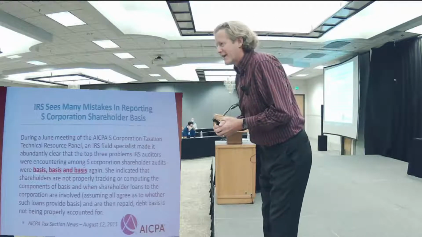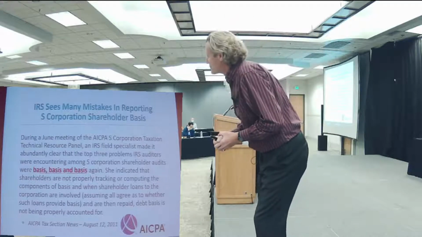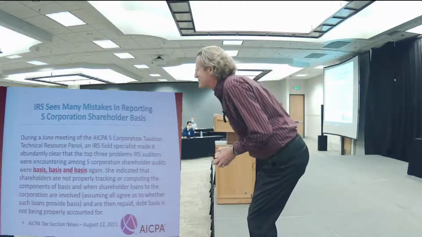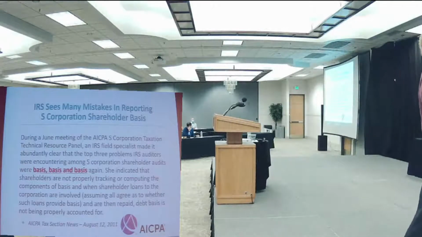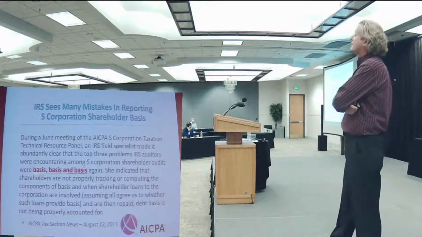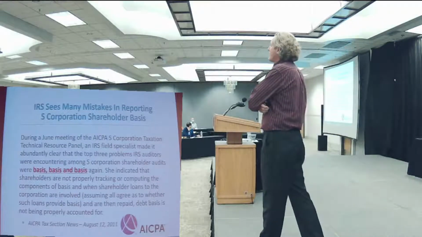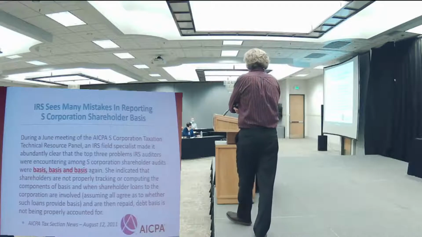She is too kind. Shareholders don't do this. She meant the accountants. She was being polite. Accountants were not properly tracking or computing components of basis, particularly when shareholder loans are taken into account and when those loans are repaid.